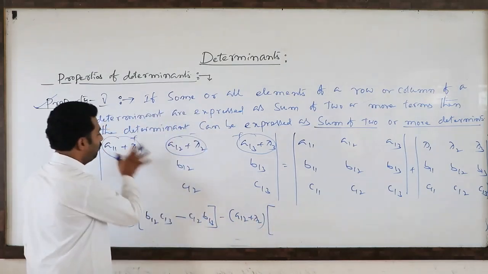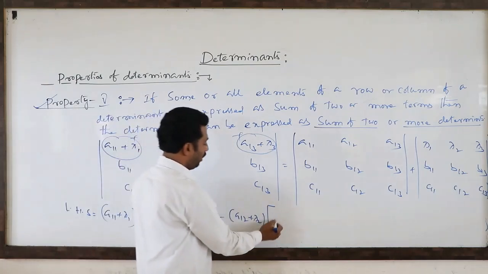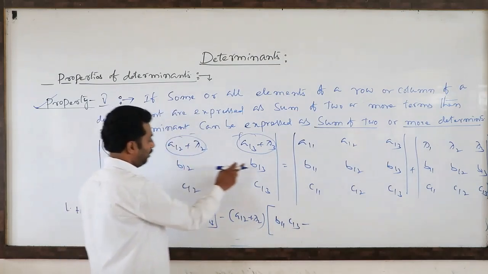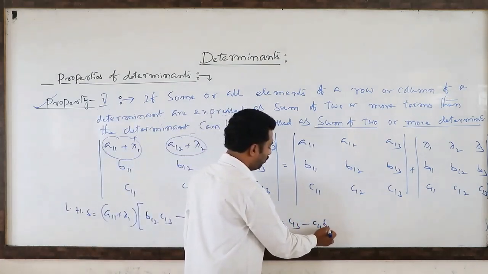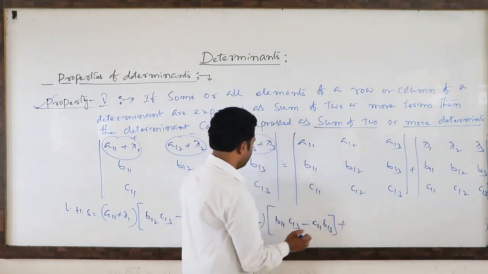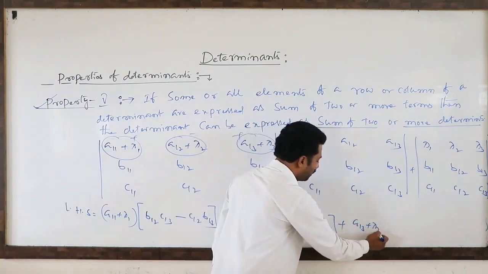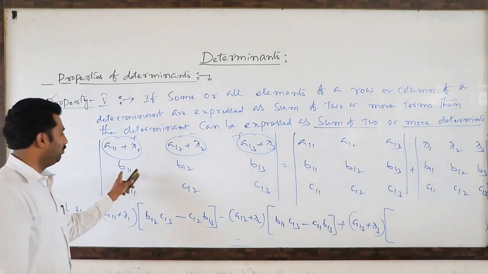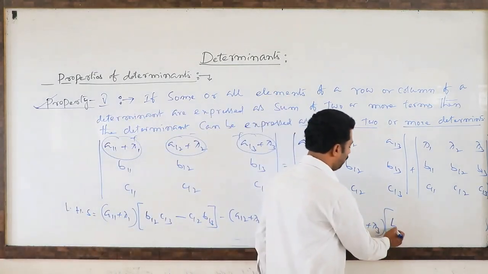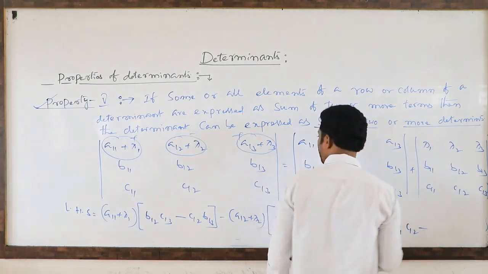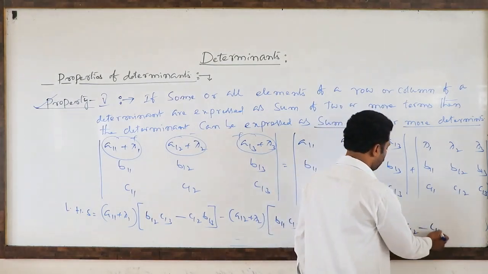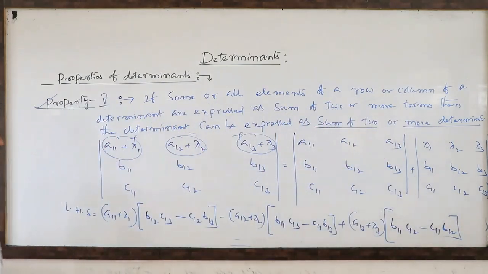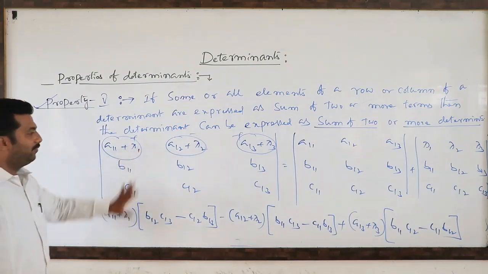So if I close this column and this row, B11, C13, B11, C13 minus C11, B13, C11, B13 plus A13 plus lambda 3 into, you see, you close this row and that column, B11, C12, B11, C12 minus C11, B12. See here, this is the expansion of LHS.